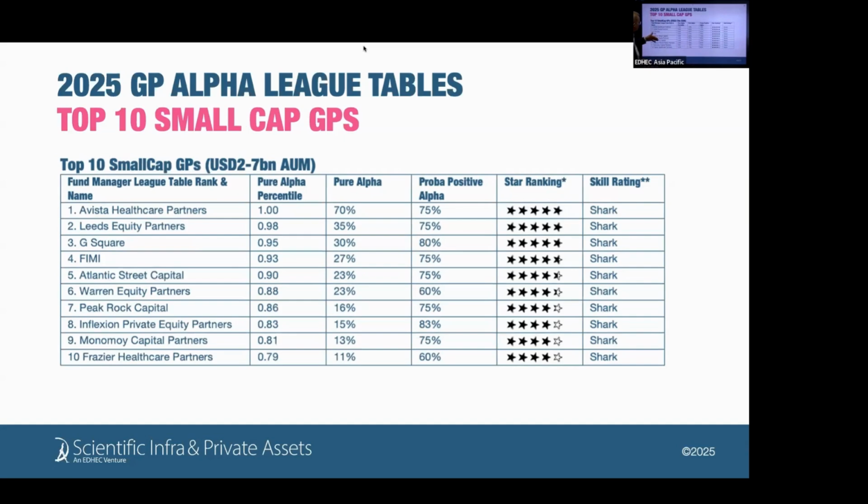And then if we look at the small cap, so the last part of this group by size, and again, there are many of them, but this is just the top 10. We see again that we have the ability to deliver high pure alpha, and for some of these managers, very high probability of repeating this pure alpha. And in this case, they're all in the shark category.